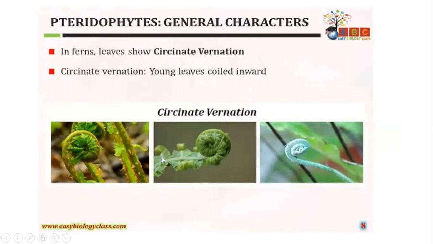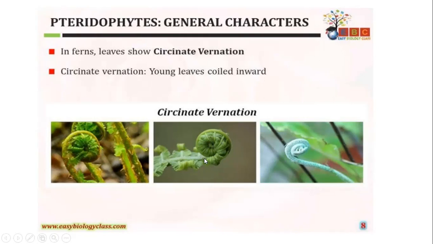vernation. Now, what is circinate vernation? Young leaves, that is, the leaves which are not yet mature and are under development, are coiled inwards like this. In order to avoid any damage, or to protect them from external heat waves, they are coiled inward like this.